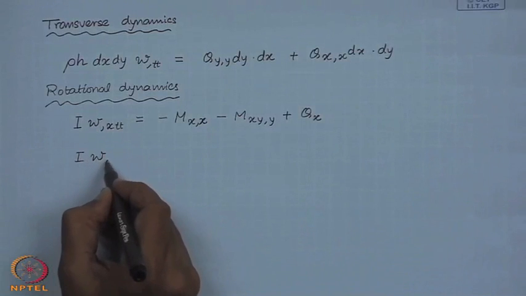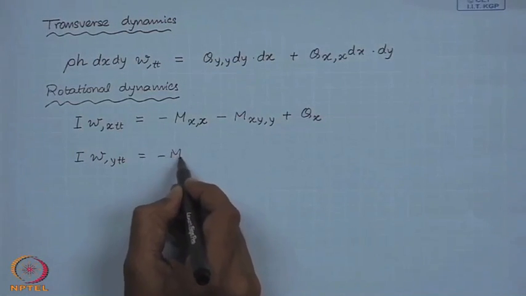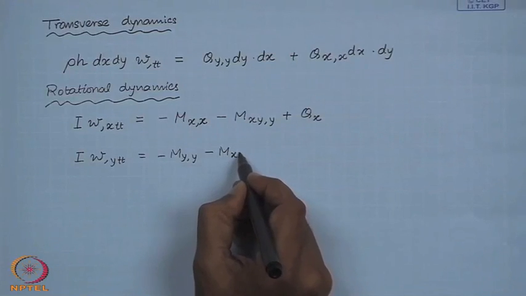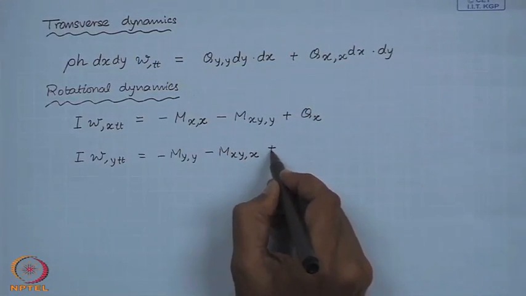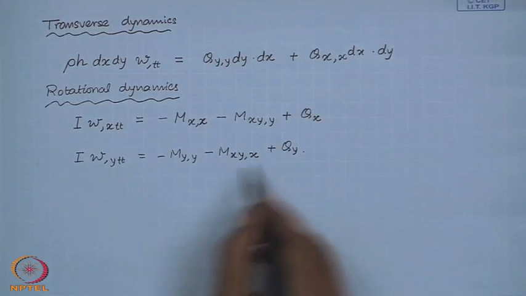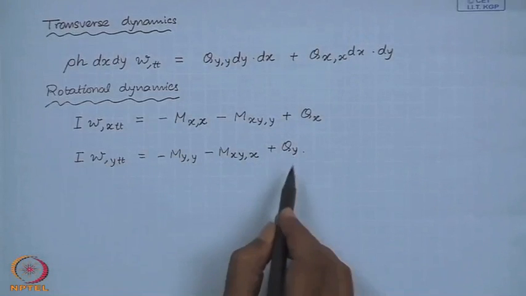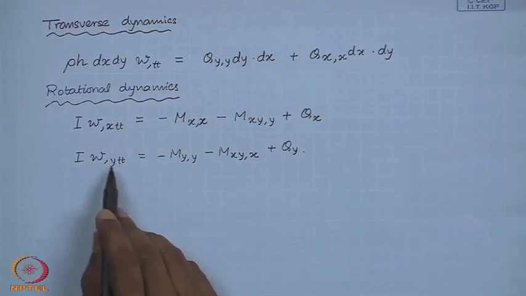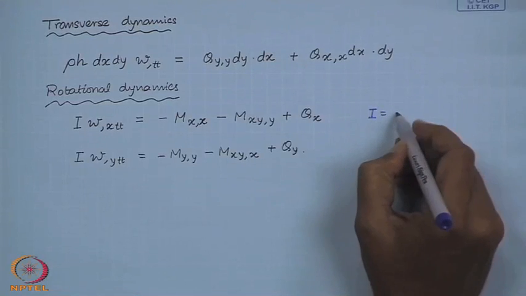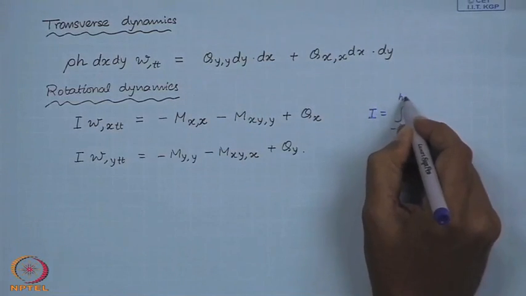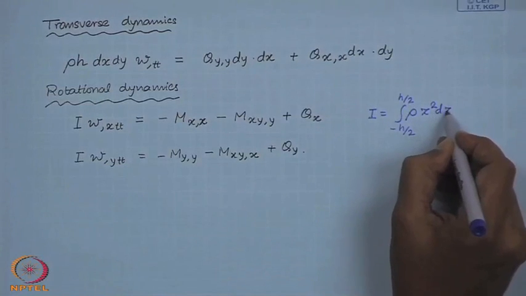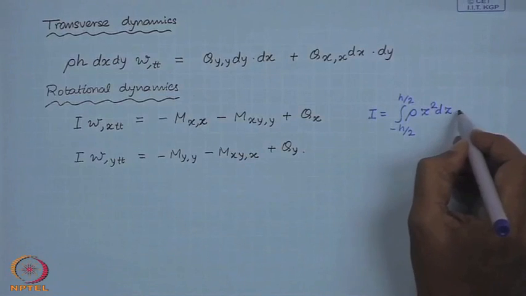Similarly, you can write down the rotational dynamics about the x axis, and here I is the moment of inertia per unit area.